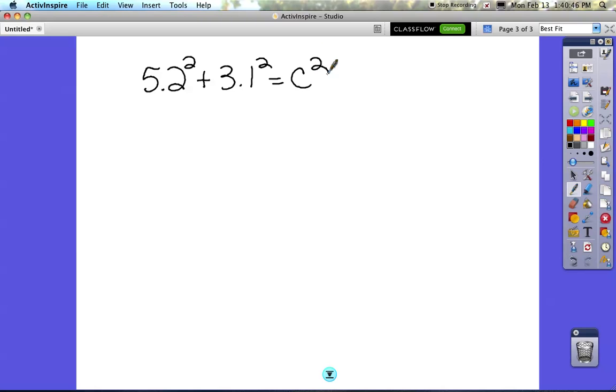Everybody take your calculator out and do that for me. Press enter. So that's 36.65 equals c squared. Now I'm going to take the square root of that.